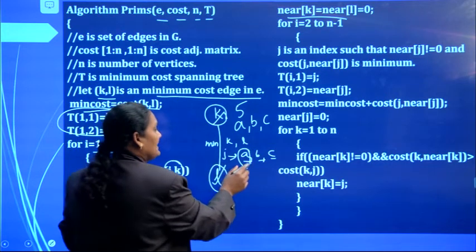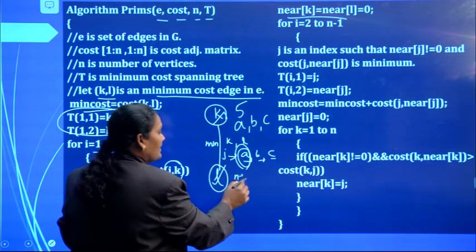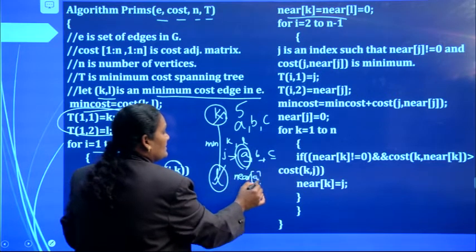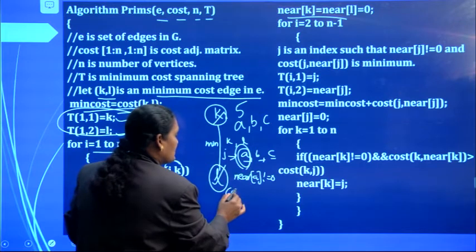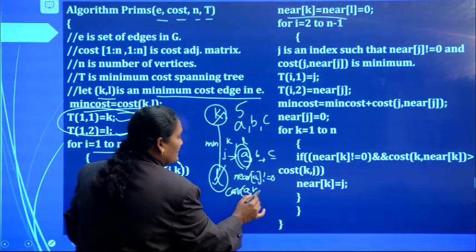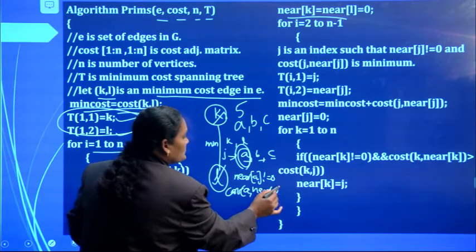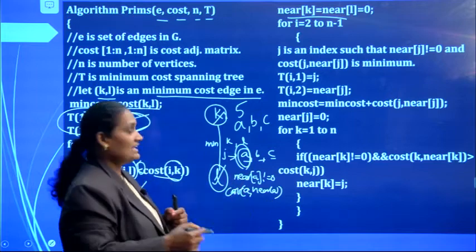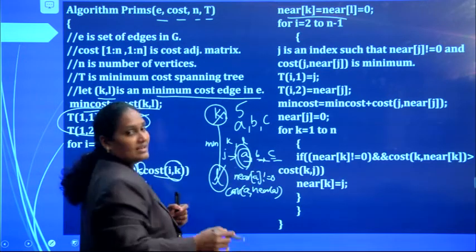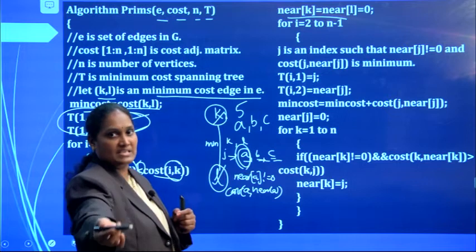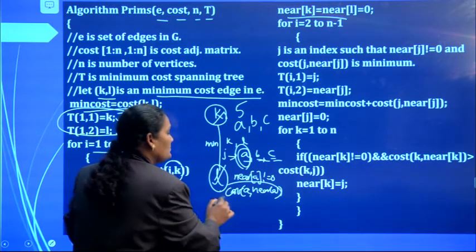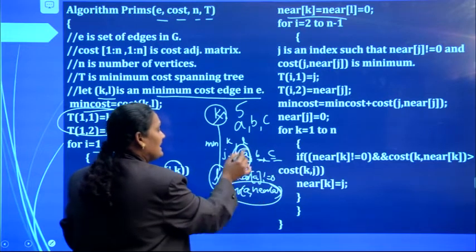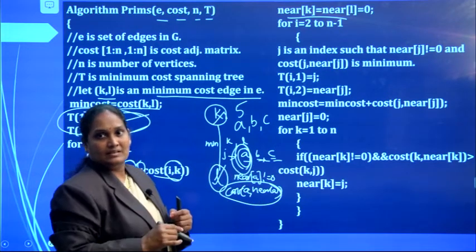Suppose if I select A, near of A should not be equal to 0 and cost of A comma near A should be minimum when compared to cost of B comma near B and cost of C comma near C. When compared to all those values, if this value is minimum, then I can select A as j.